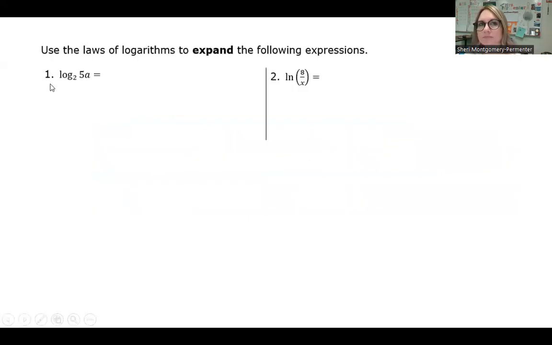So the first question. This has two things and they're being multiplied. So if you're multiplied, you can expand it. And if you were multiplied, when you expand it, they're going to what? What are you going to do with those two logs? This is the very first property. Add them. Very good.